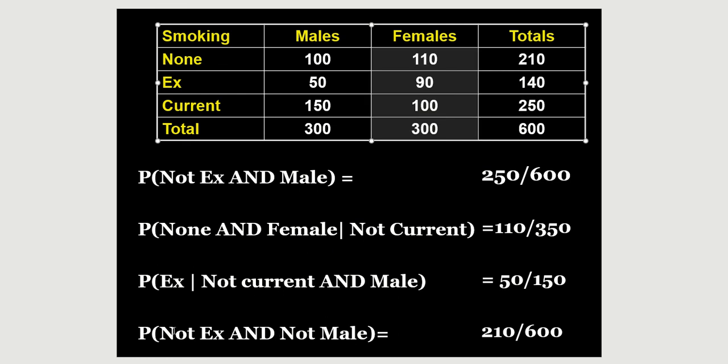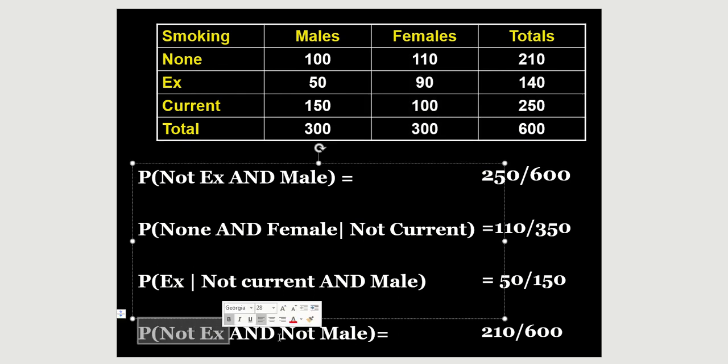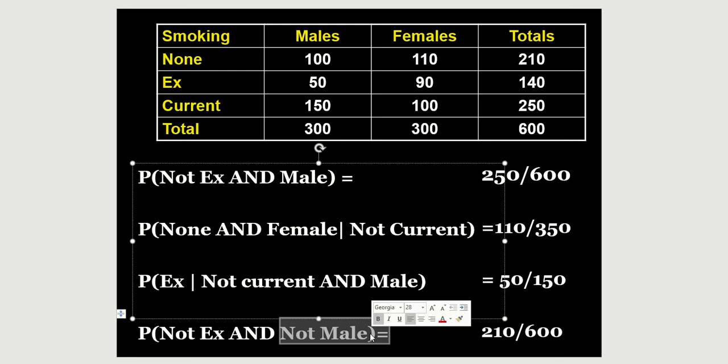The last one says, not ex-smoker and not male. The good news, I don't have a condition here, so I know I'm going to divide by 600. But how am I going to do this? Well, not male means females. So actually, I'm looking at this intersection of females with everything who is not an ex-smoker.